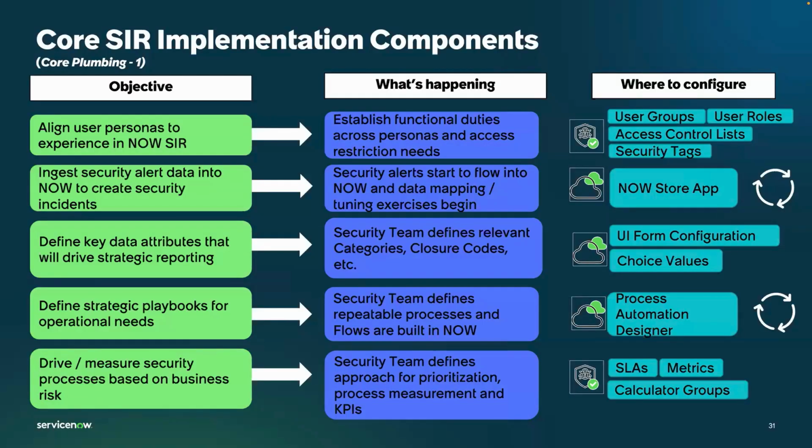What's that going to look like when it creates a security incident record, and what's going to be in those fields in the security incident record, and how are we going to automate that, and how are we going to use tools like Process Automation Designer to streamline those workflows and build in those workflows and automate those workflows and things like that.